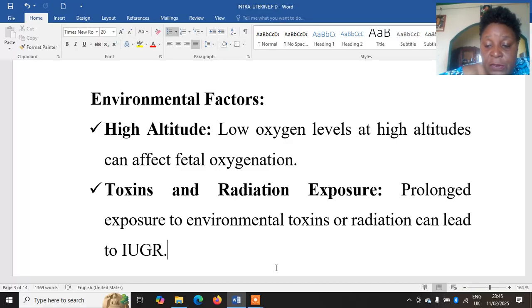Then toxins and radiations also cause intrauterine growth retardation. That is, prolonged exposure to environmental toxins and radiations can lead to that. People said that in the World War there were a lot of toxins which came about by the bullets, those things they used for fighting. But for this era we can talk of what we know.